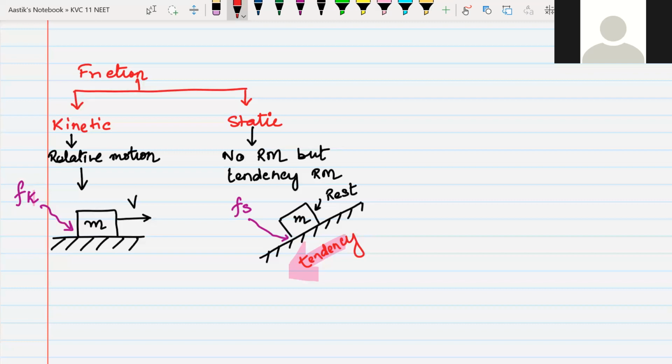So, what we have to do now is to study these two types of frictions, and we will do both the frictions separately. And we will start with the simpler one. Which one is the simpler one? The friction when the body is at rest, or the friction in which there is a relative motion?